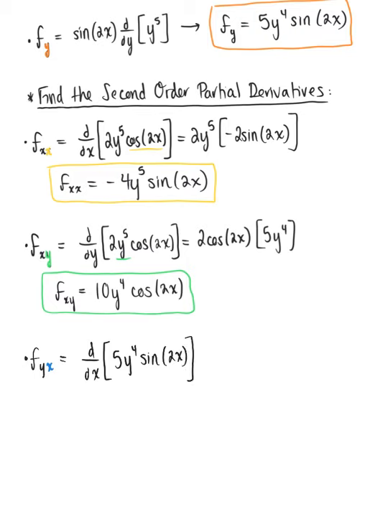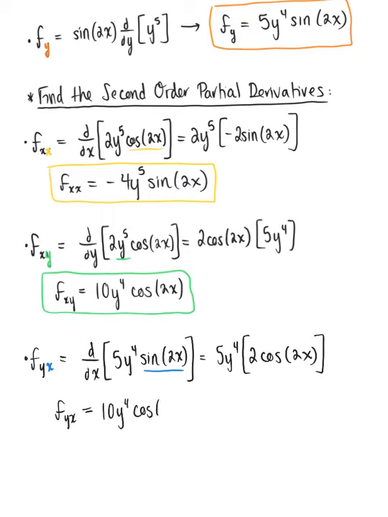So in this case, our scalar multiple is going to be 5y to the 4th, and we are differentiating sine of 2x with respect to x. So that leaves us with 2 cosine of 2x for a beautiful final answer of the second order partial derivative f sub yx being equal to 10y to the 4th multiplied by cosine of 2x.